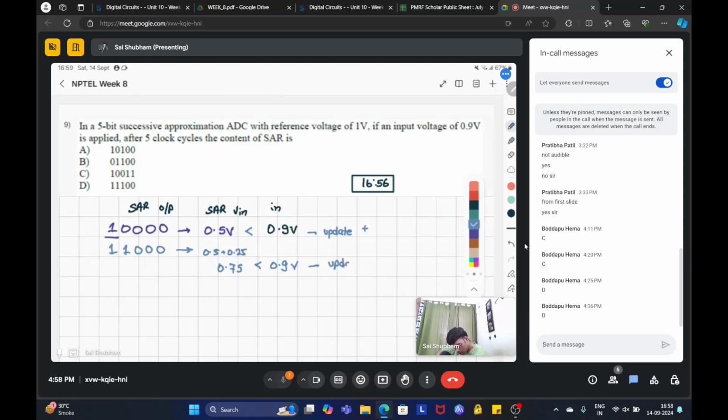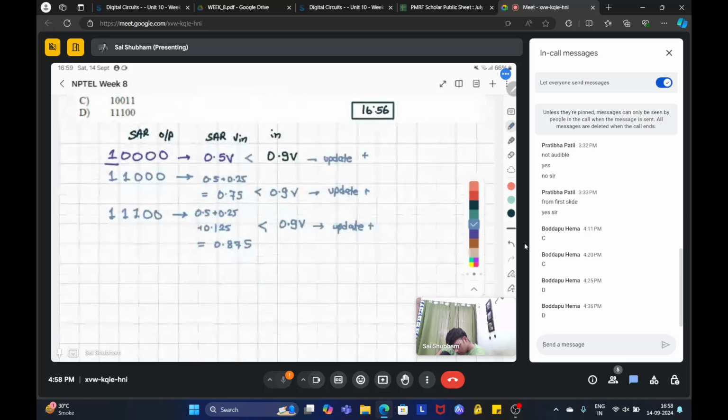So update plus: 11100. This is 0.5 plus 0.25 plus 0.125, which is equal to 0.875, which is less than 0.9 volt, which means update plus.